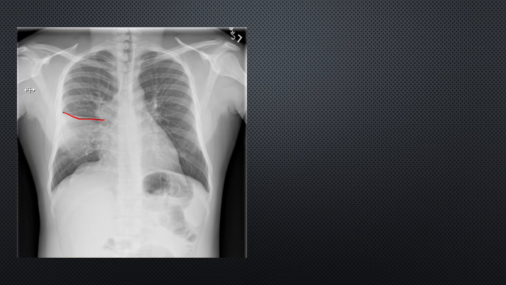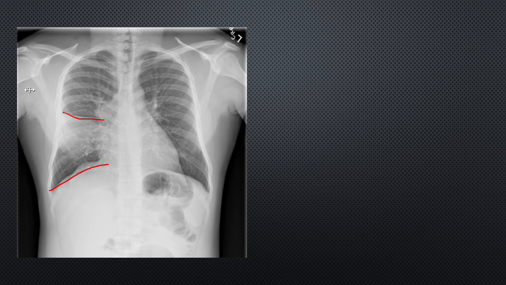If this was to be a lower lobe consolidation, then you'd see a loss of the right hemidiaphragm contour around here. But that's a good differentiation between middle lobe and lower lobe. Middle lobe, you'd lose the contour of the right heart border, and if it's lower lobe, you'd lose the contour of the right hemidiaphragm.